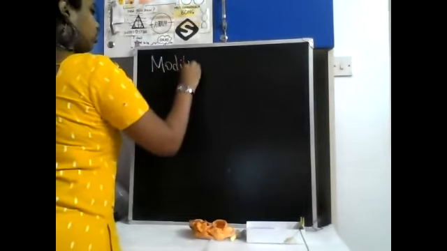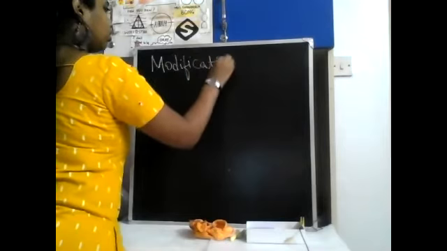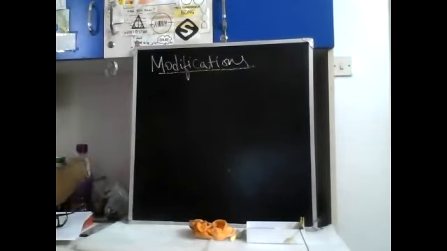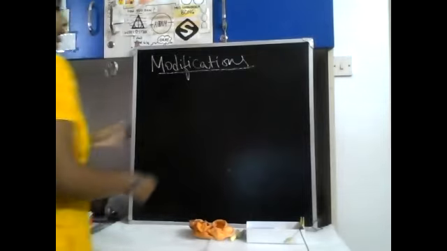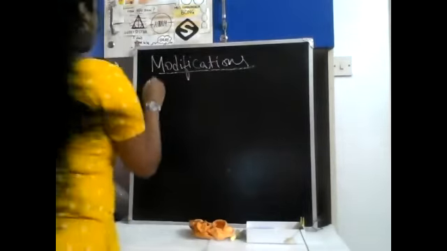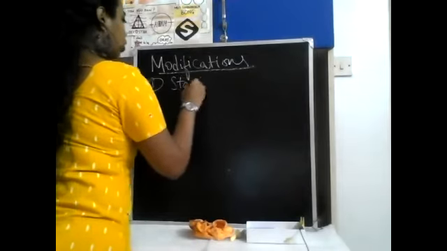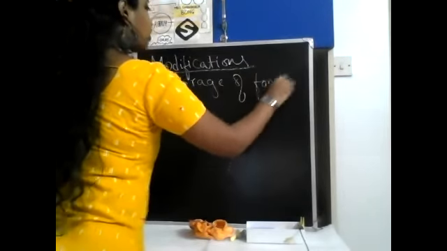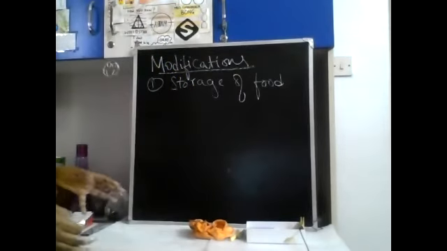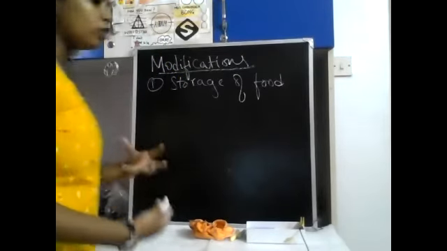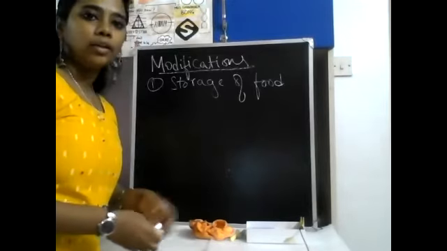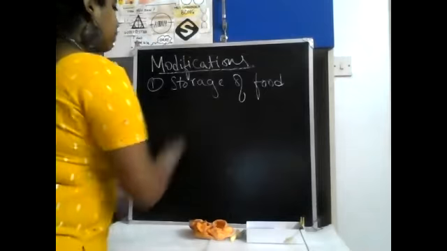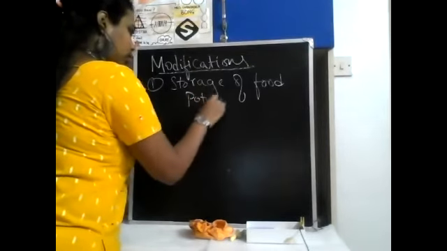Modifications in stem. So the first modification that we will study, like we did in roots, is for storage of food. Here the stem is modified to thicken and store all of the food matter that is produced by the leaves. Okay, for example, here you have to mention potato.